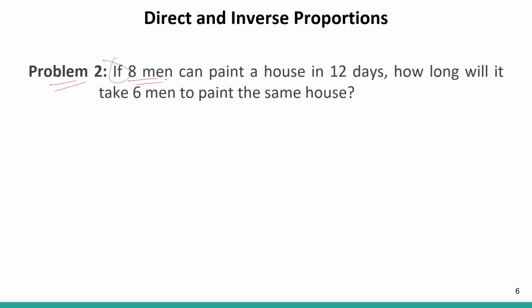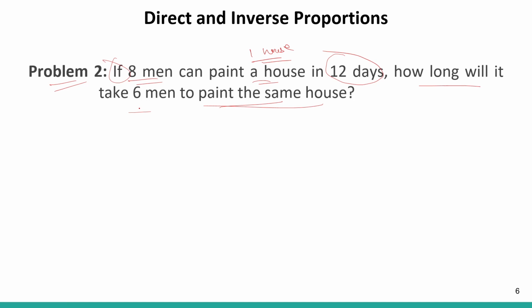If 8 men can paint a house in 12 days, so only one house, how long will it take 6 men to paint that same house? There are 6 men, and how long will it take for them to paint the same house?